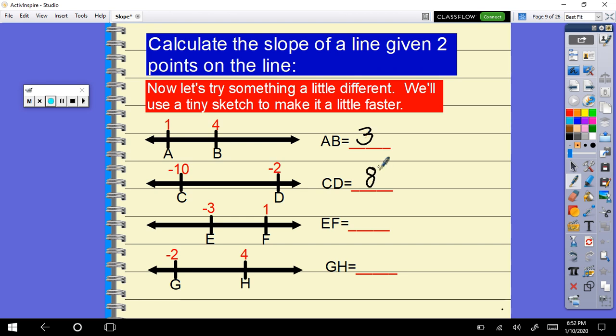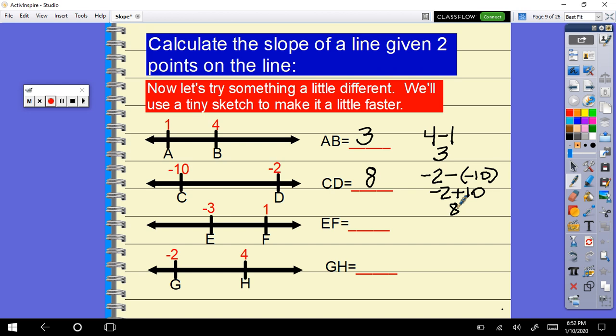In both cases, what I'm really doing is just subtracting. So if I say the right coordinate minus the left coordinate, it's going to work out to be a positive length. And in the second case, the right coordinate minus the left coordinate is -2 plus 10, which is 8.